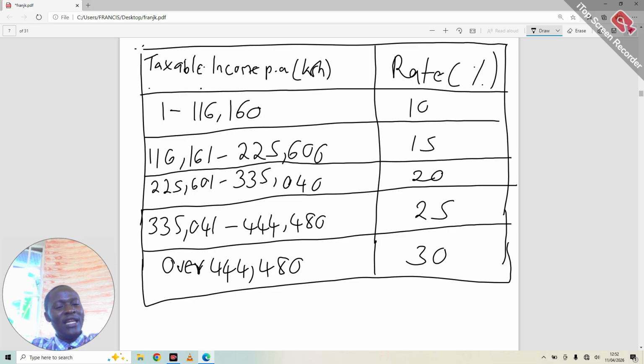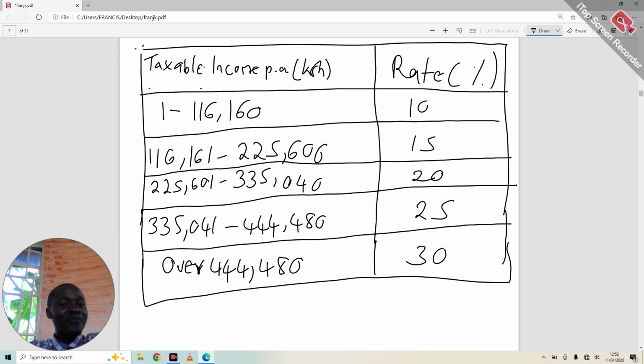Are they given annually or monthly? If I read the first part of the first sentence of the question, which reads, Gitau's basic salary for 2003 was 62,500 Kenyan shillings per month. Per month.